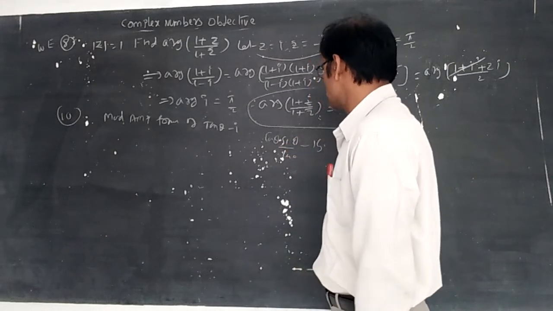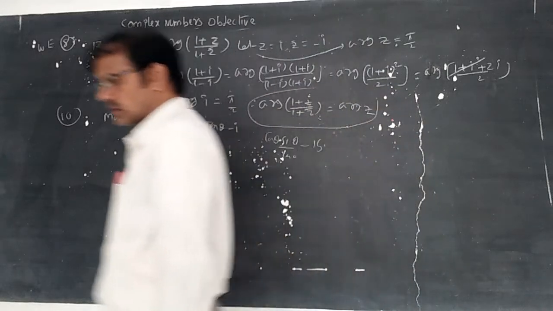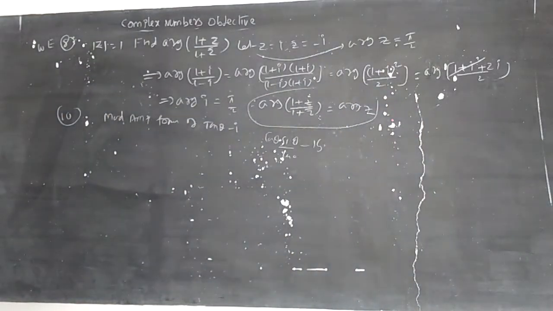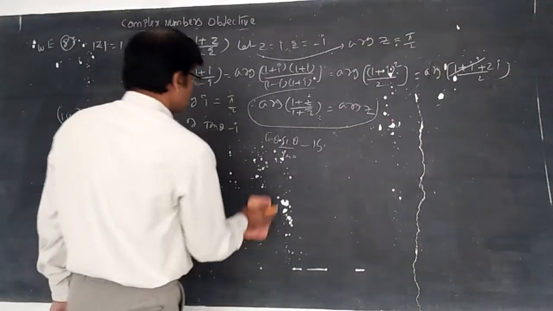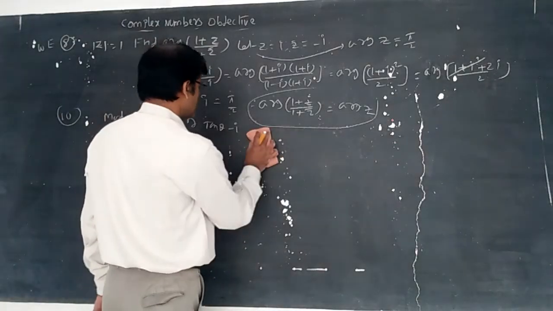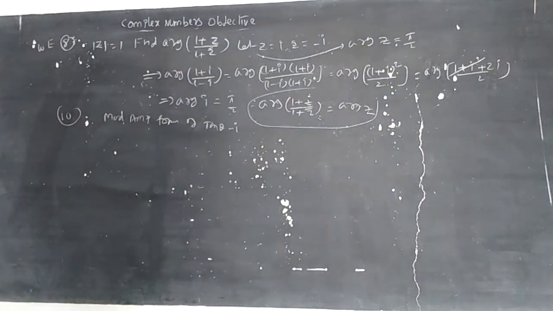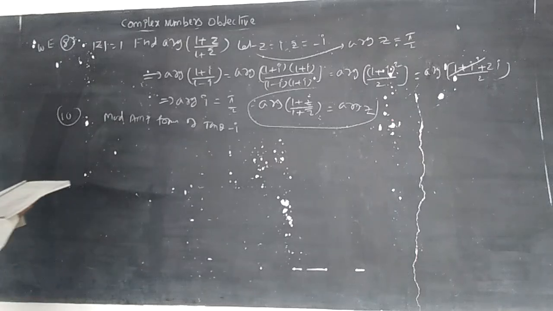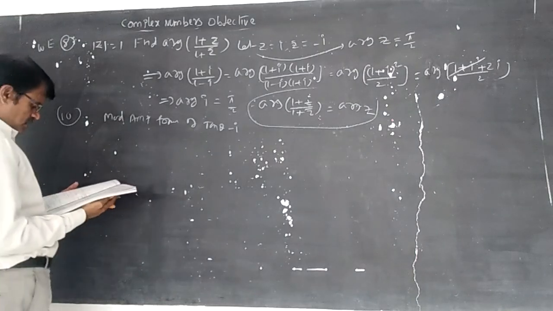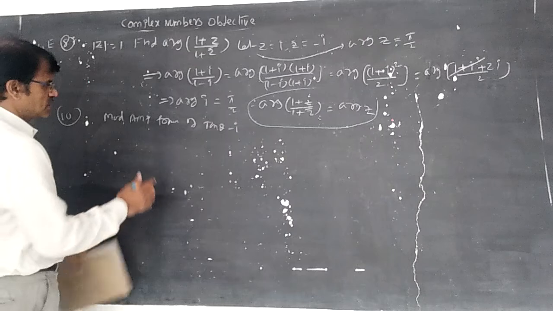Simply i. So if we multiply with secant theta, secant means 1 by cos. Let us discuss here secant theta into sin theta.